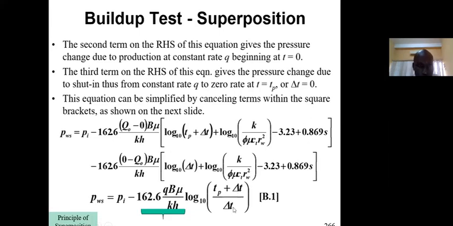So let me just ask you guys, under what conditions would there be a deviation from the straight line? What could lead to a deviation from the straight line? I'd like an answer from someone. What could lead to the deviation from the straight line?